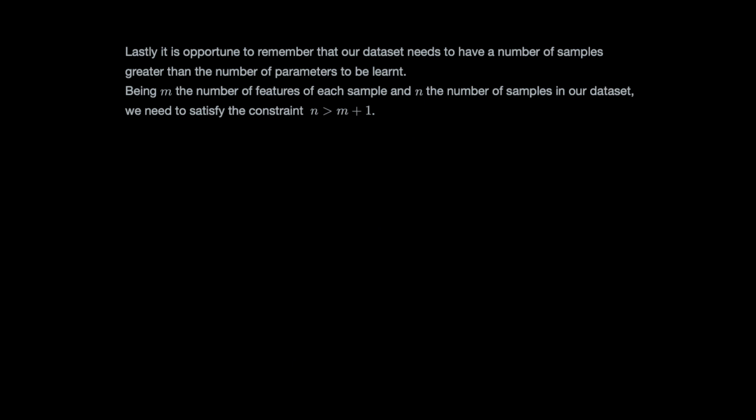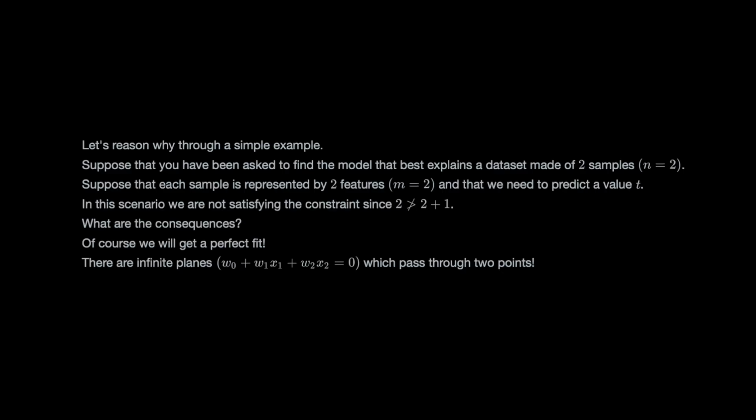Lastly, it is opportune to remember that our dataset needs to have a number of samples greater than the number of parameters to be learned. Being m the number of features of each sample and n the number of samples in our dataset, we need to satisfy the constraint n greater than m plus 1. Let's reason why through a simple example.